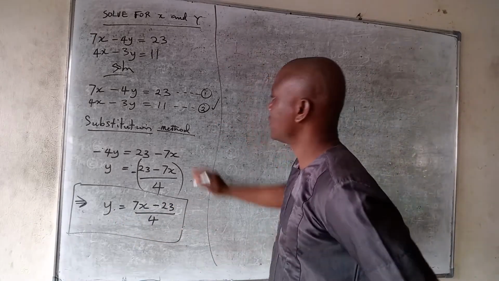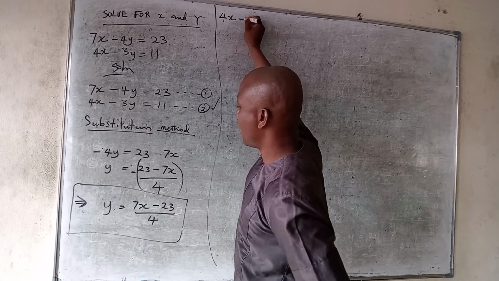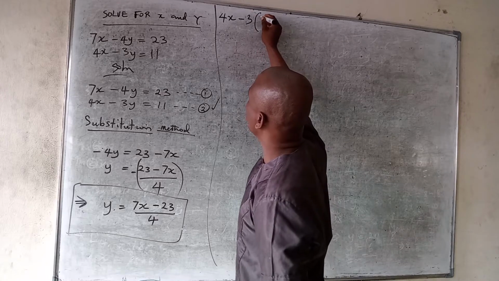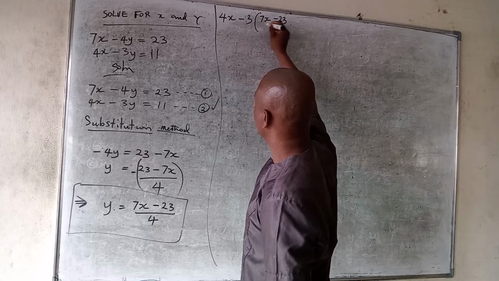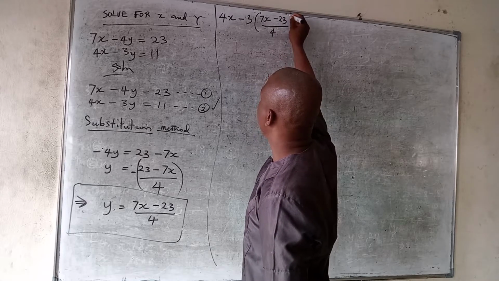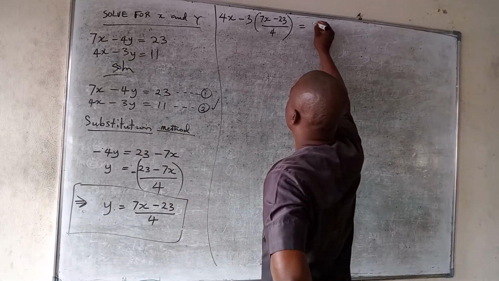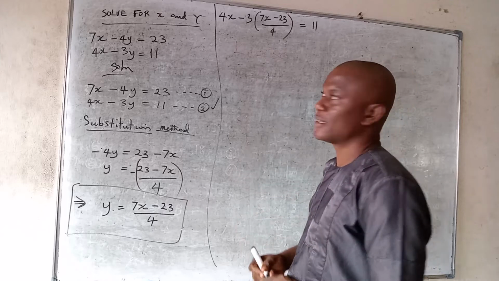If you do that, you have that 4x minus 3 times y, which is 7x minus 23 over 4, being equal to 11. So the next step is to clear the brackets.